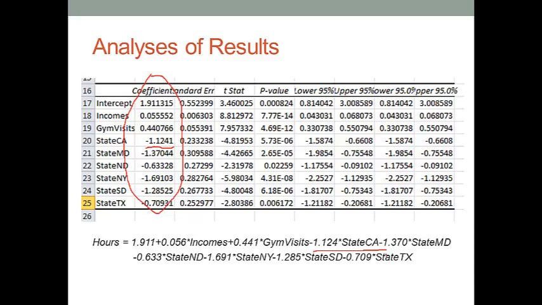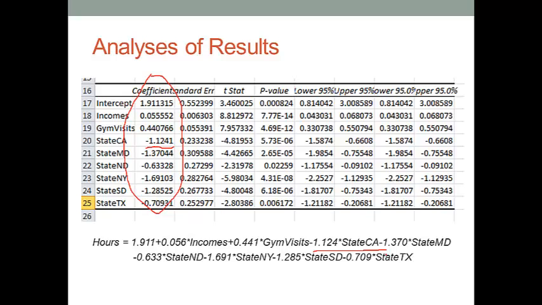Do you remember when we built the state CA column? We used 1 to indicate this customer is from California, and 0 to represent she's not from California. If we get a new customer from California, what should be the value for state CA? 1, right?